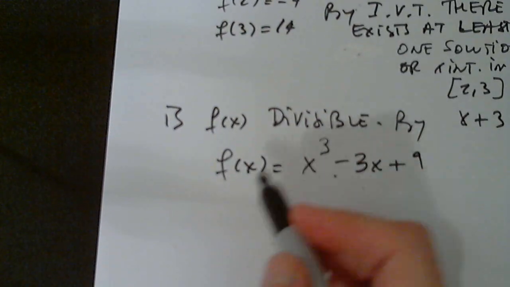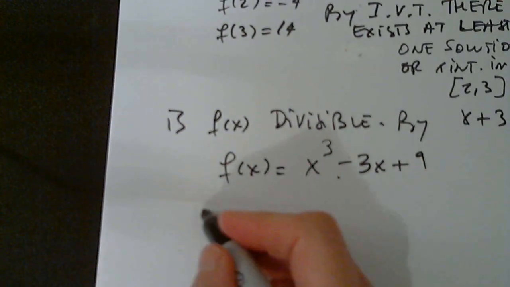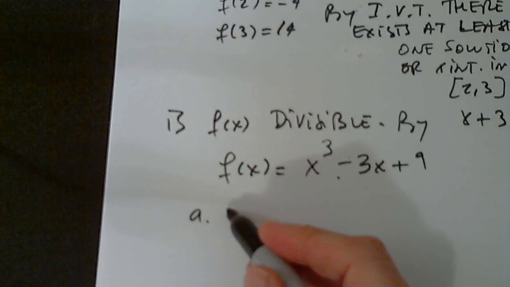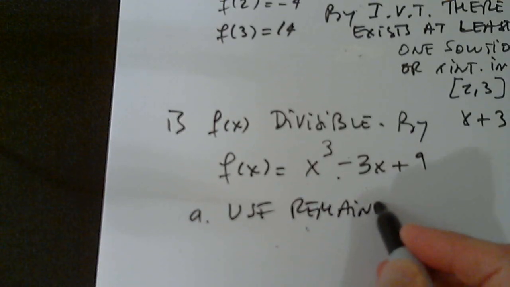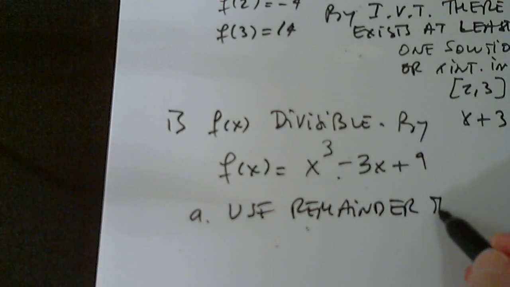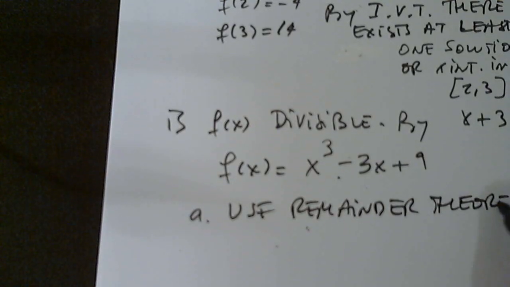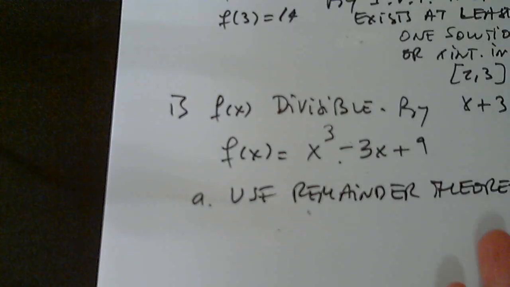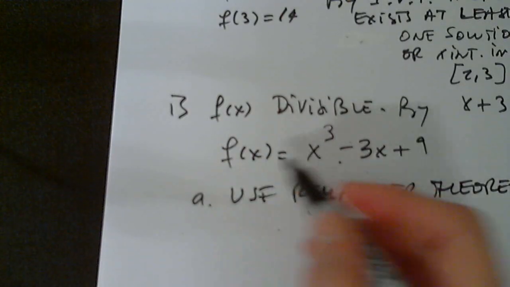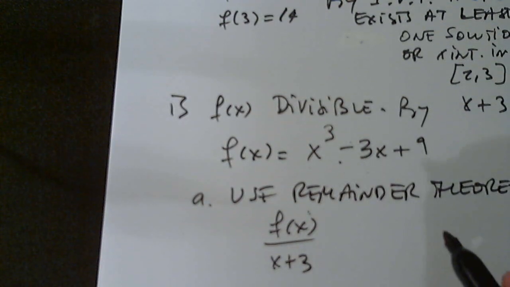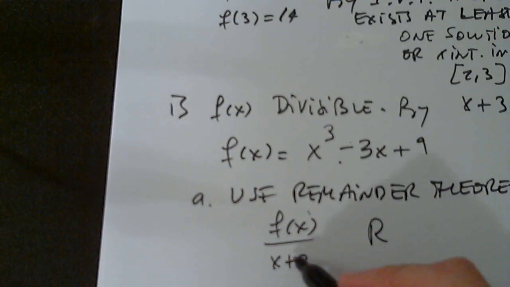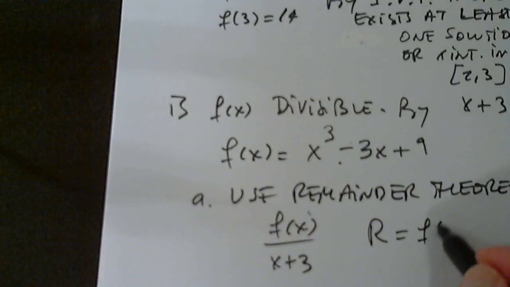In other words, part A will be: use the remainder theorem. So the remainder theorem says that if I have this f of x divided by x plus 3, the remainder of this is f of negative 3.